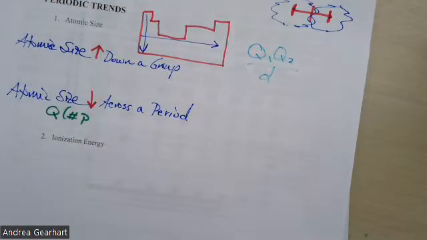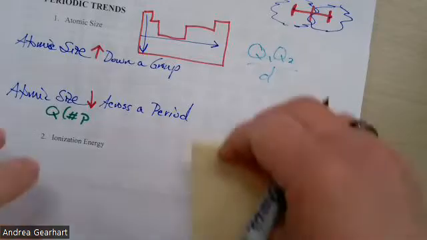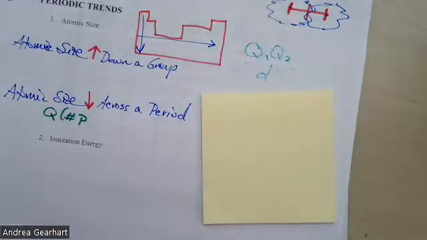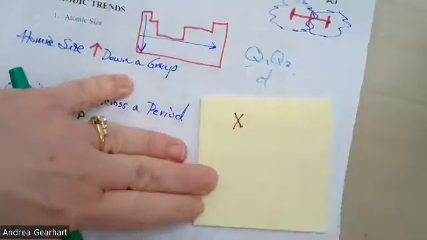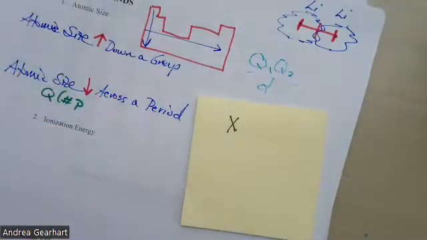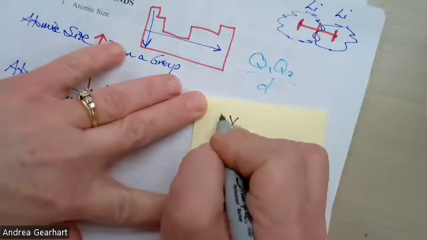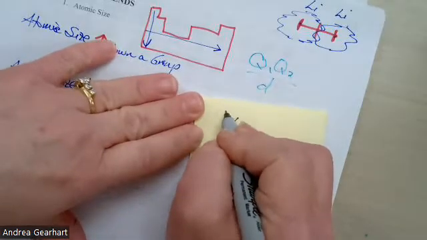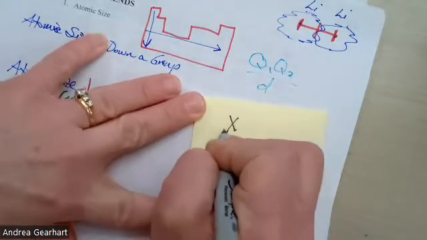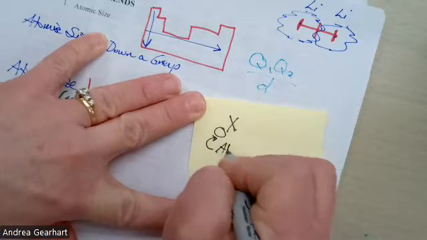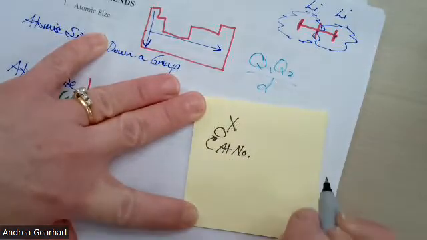Now, there can be another way we represent protons. A way that we can write an element, of course, is its element symbol. But there's something called the nuclide symbol. And the nuclide symbol has your element and then a subscript and a superscript to the left. And the subscript is the atomic number of protons.